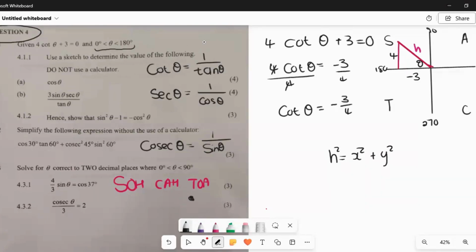Therefore, hypotenuse squared is -3 squared plus 4 squared. Therefore, we have h squared is equal to 9 plus 16, which is 25.